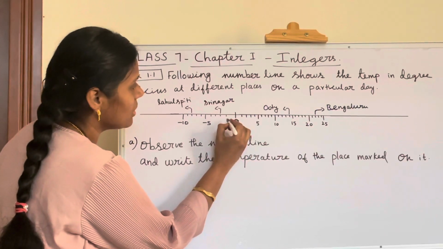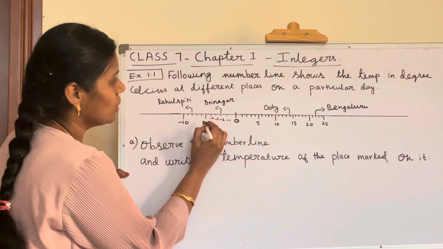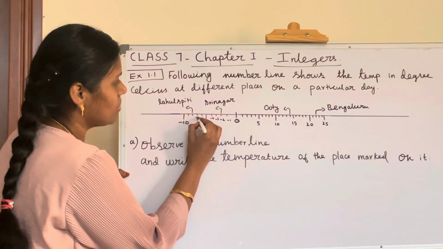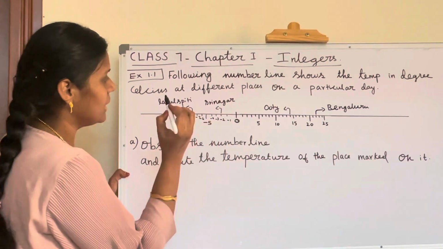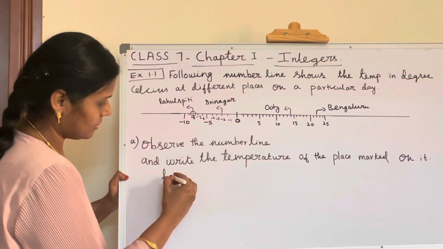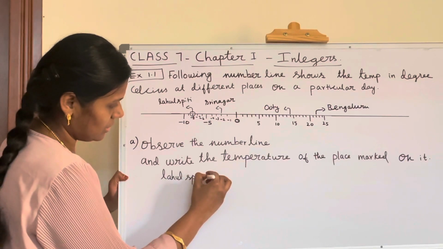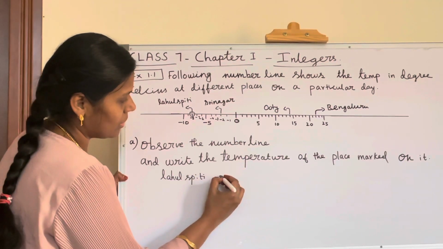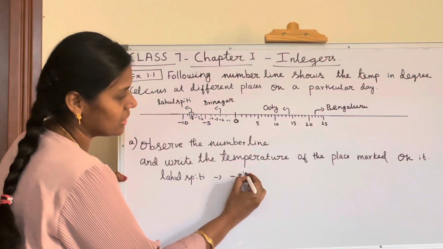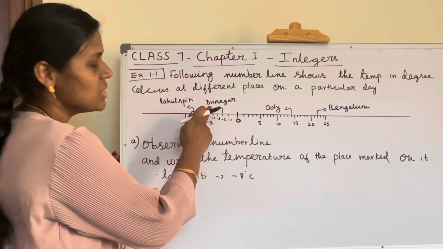Here -1, -2, -3, -4 and -6, -7, -8. Okay, -8 we will write. -8 degree Celsius.